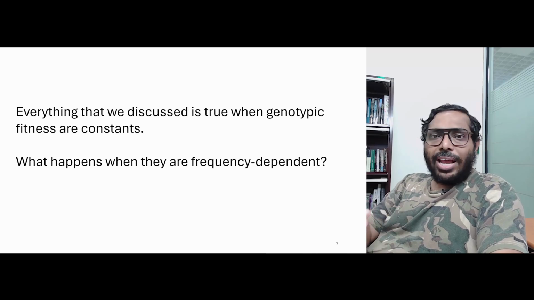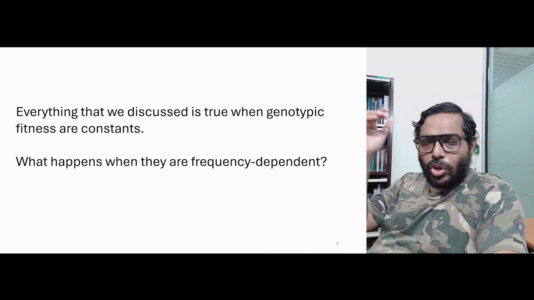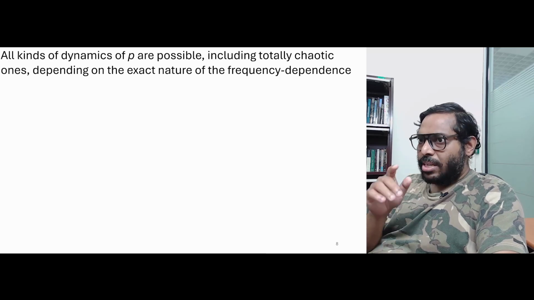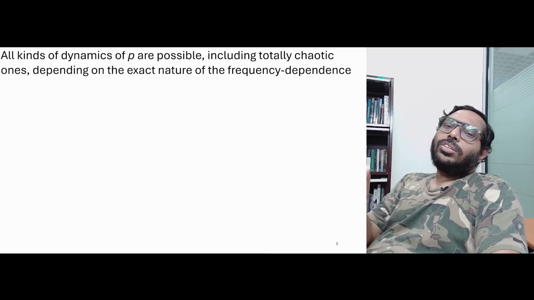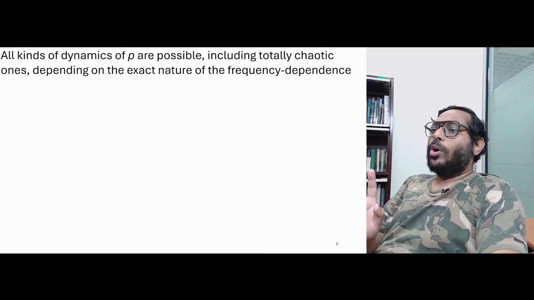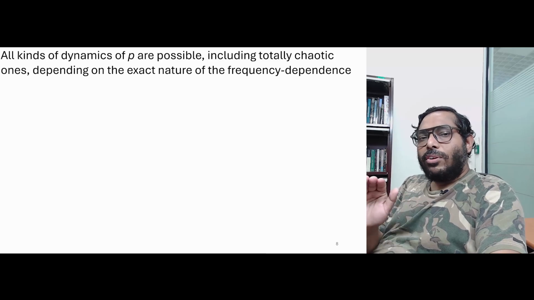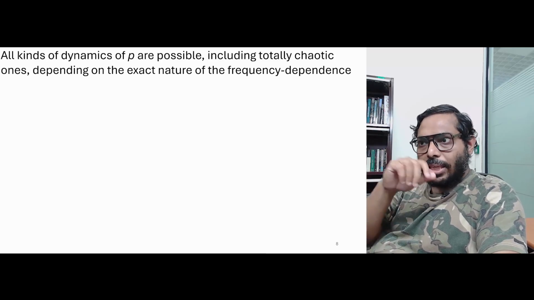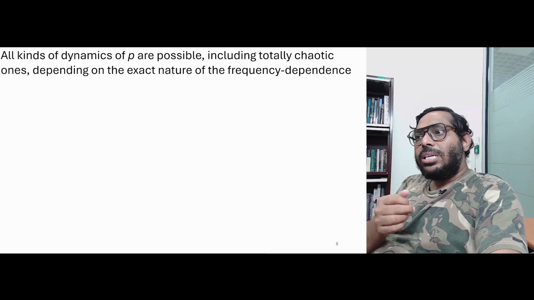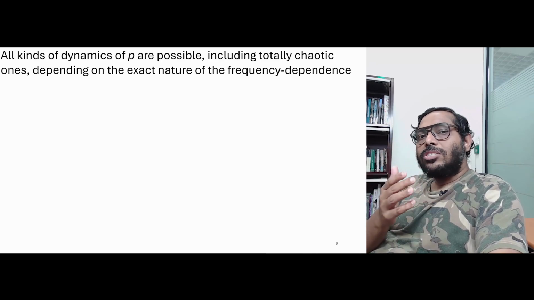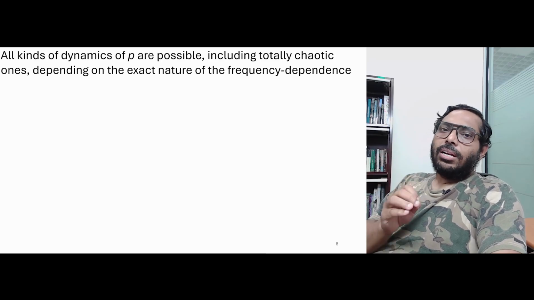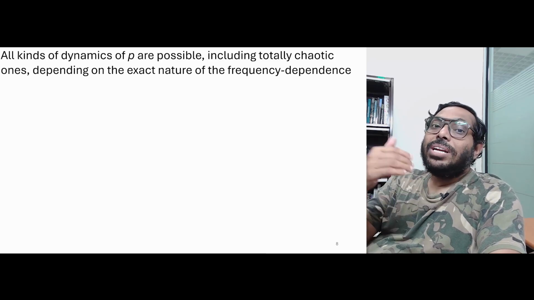If that happens, as we saw in our last discussion, all kinds of dynamics of P become possible. You can have the kind of dynamics that we saw for the frequency independent case. You can even see situations where the dynamics of P becomes totally chaotic, and here chaotic is a technical term which means that it never repeats itself.